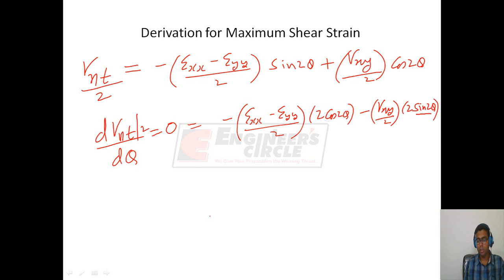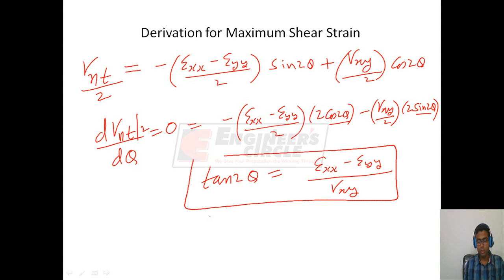So we get sin 2 theta by cos 2 theta, that is tan 2 theta, equal to (epsilon xx minus epsilon yy) whole divided by gamma xy. So these are the angles that will give us the maximum shear strain. We can find the value of sin 2 theta and cos 2 theta from this equation and put it in the equation of gamma nt to get the maximum value of gamma nt.